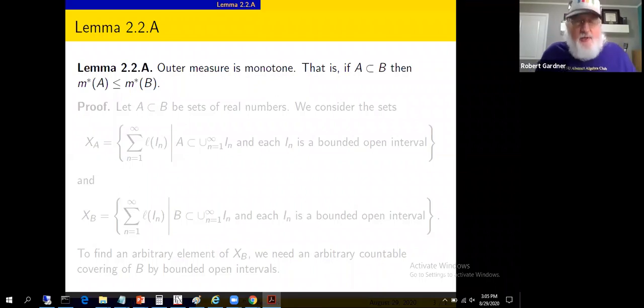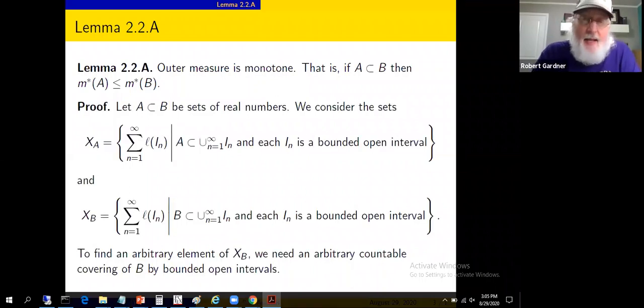Okay, so let A be a subset of B. Everything is a conversation about sets of real numbers. And we're going to consider the sets, let me call them X sub A and X sub B. These are the sets of which we're taking infima in the definition of outer measure.